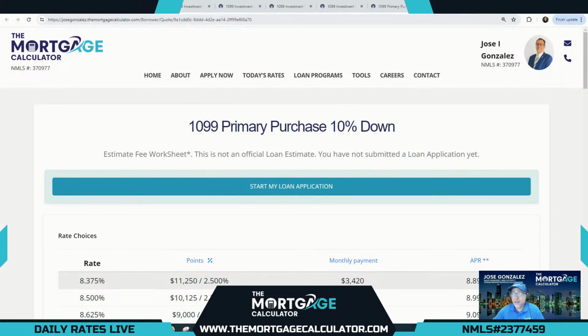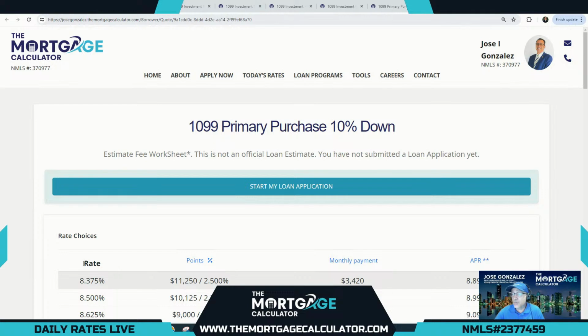Our first option here is our 90% LTV, only 10% down. 90% is the maximum loan to value for all of our non-QM products. So 90% LTV max, no mortgage insurance ever on non-QM. The rate does have that built into it.